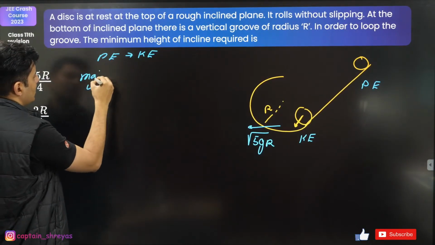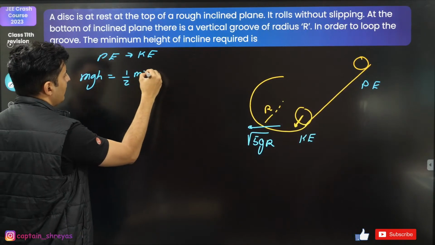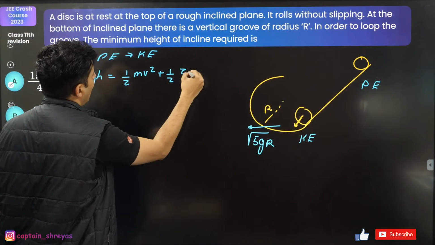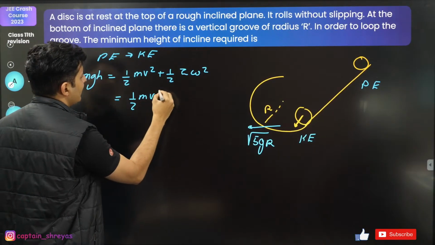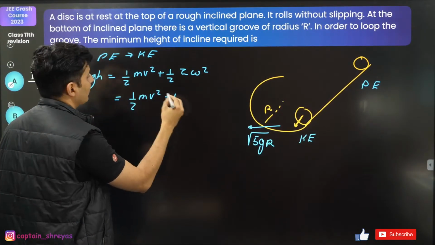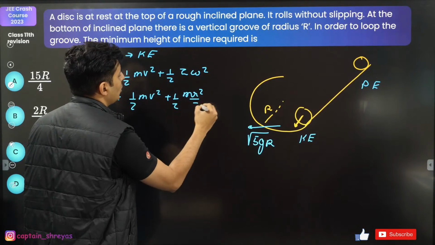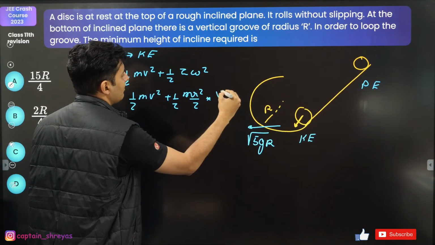Potential energy is mgh. Kinetic energy is half mv square plus half I omega square. Both energies are there. So half mv square plus half the moment of inertia of a disk, which is mr square by 2, into omega square, where omega is v by r.